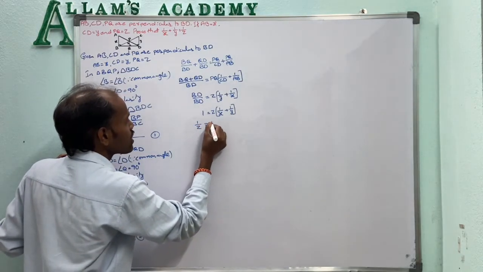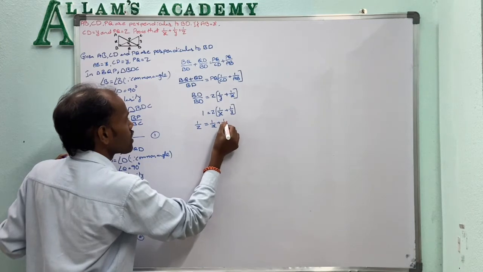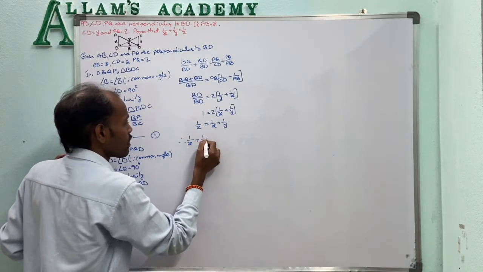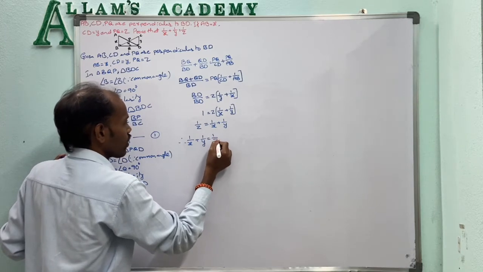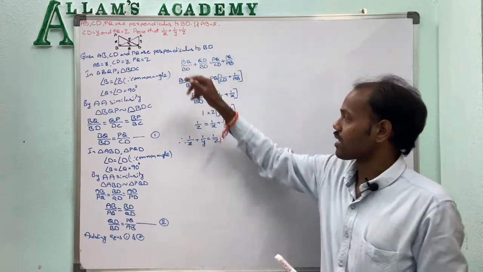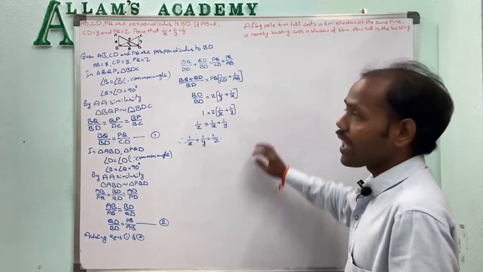So 1 by Z equal to 1 by X plus 1 by Y. Therefore we can conclude that 1 by X plus 1 by Y equal to 1 by Z. That is our answer.